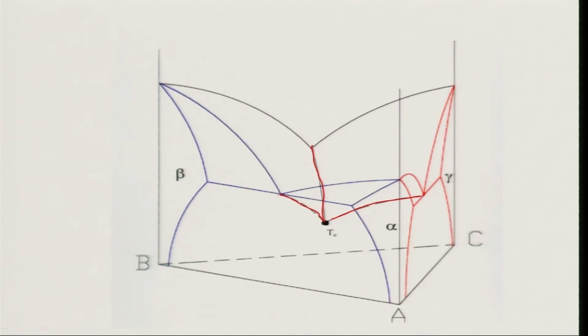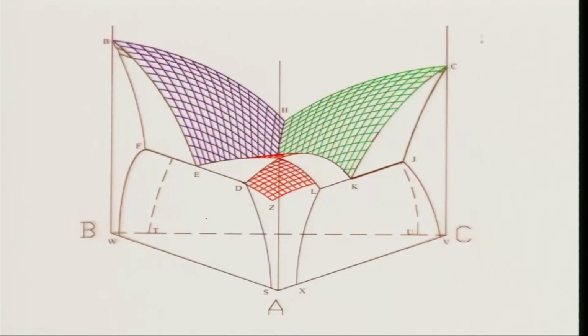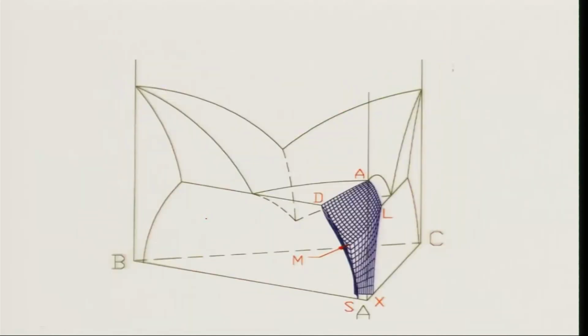Now I will show you how I can draw this triangle on the ternary equilibrium. First look at the liquidus surface. This is the liquidus surface coming down, this is the one. Second thing is, what are the primary phase fields?